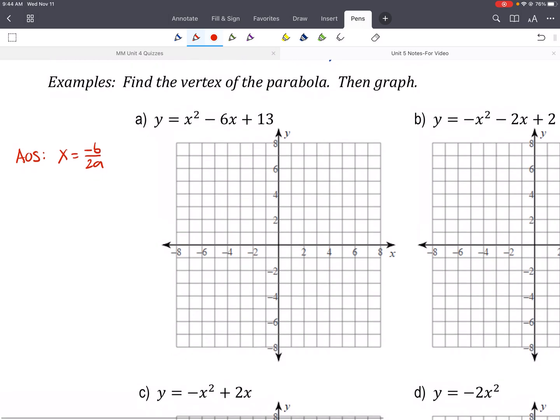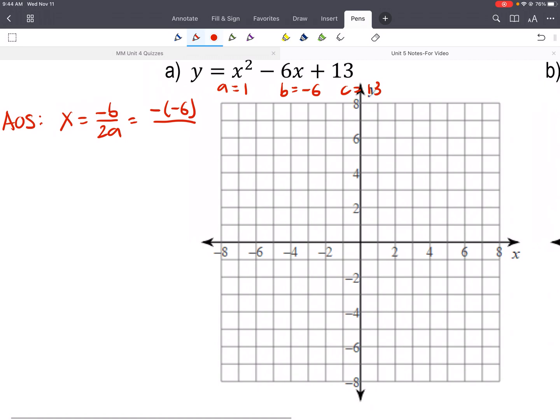Here a is 1, b is negative 6, and c is 13. We plug a and b in. Negative b, and b is negative, so we get a positive 6, all over 2a, and we simplify that to get 6 over 2, or 3.